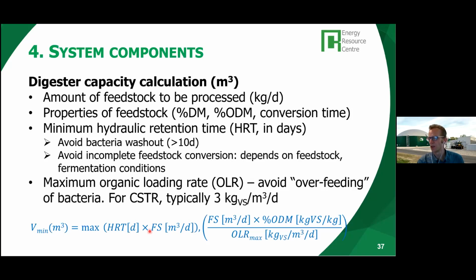On the other hand, you could be looking at the total amount of organic dry matter that's fed to the digester in relation to the maximum loading rate of this digester. And the higher one of these two will set the minimum value of the digester.